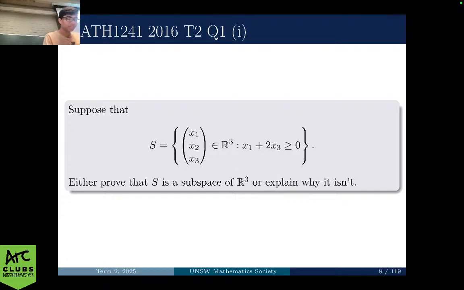I've just added them together. And I want to show that this is a part of S. So my condition for S is that x1 plus 2x3 is greater than or equal to 0. So I will have A plus P plus 2 times C plus R. And that is just me using that same form earlier.